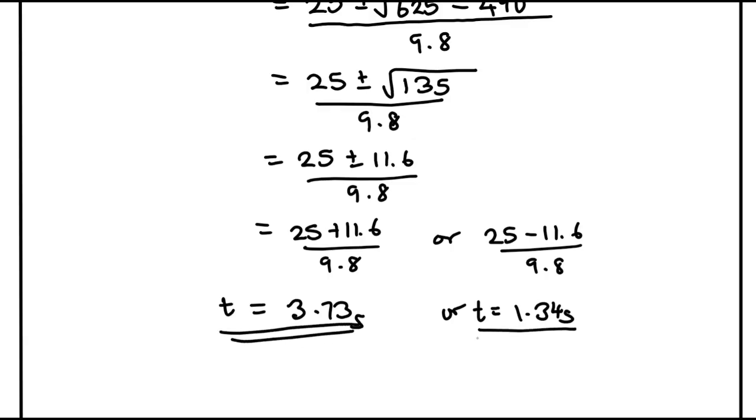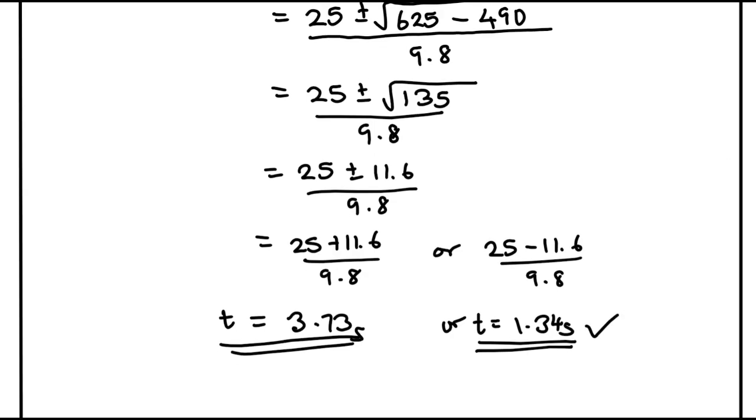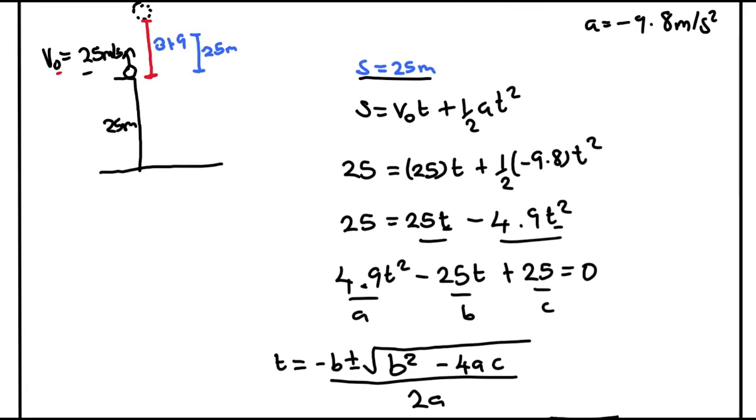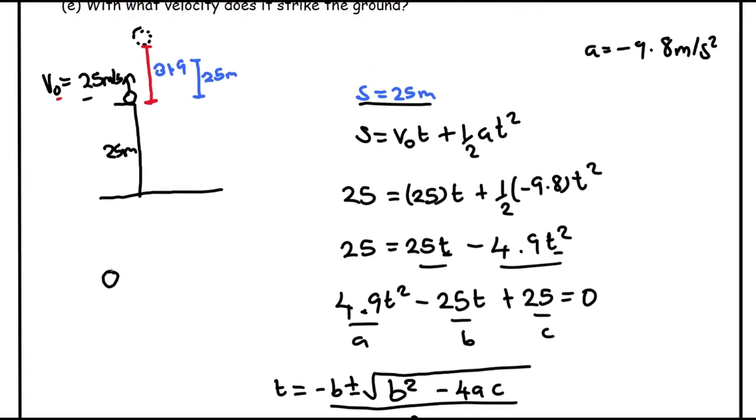Now, of the two, which one is going to be our final answer? Our final answer is this one, t equals 1.34. Now, you may ask the question, why? When this bow goes up, it will come back down and there will be a certain point, there will be 2 points.